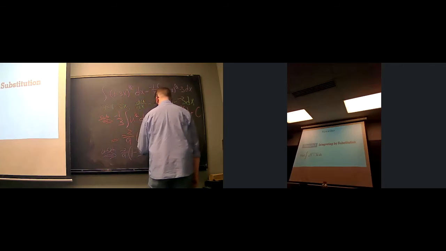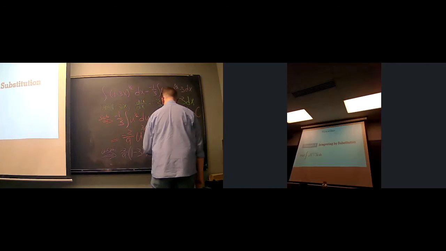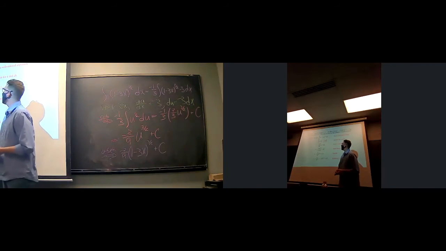And now we can substitute our u back in. When we do, we get negative 2 over 9 times the quantity 1 minus 3x raised to the 3 over 2 power plus c. So let's compare our answers really quick. They do the exact same thing, don't they?